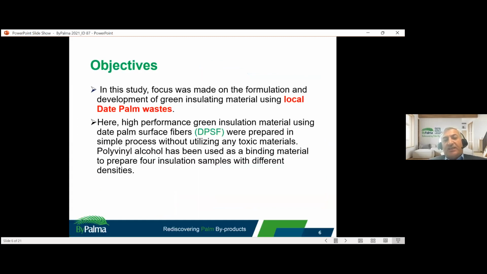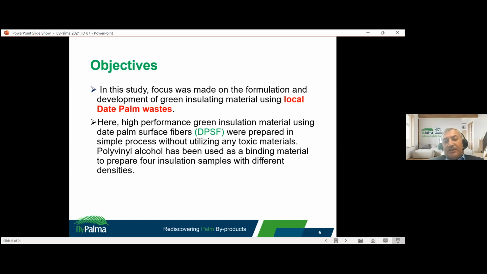I will share with you two approaches. We have many approaches to utilize such waste, especially in the production of thermal insulation materials and composite materials in general. One of these approaches is that we try to use the date palm surface fibers directly to produce some kind of thermal insulation material.